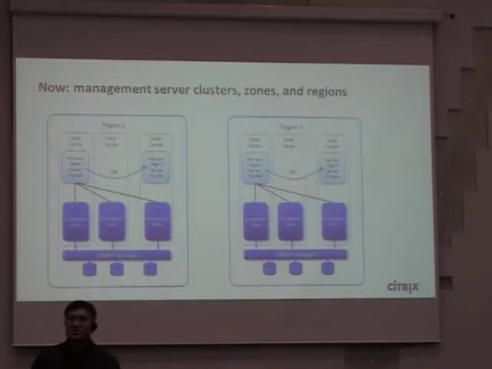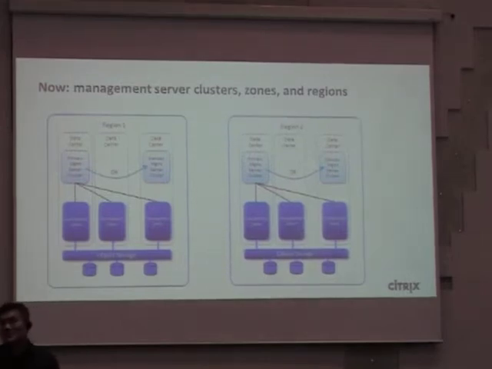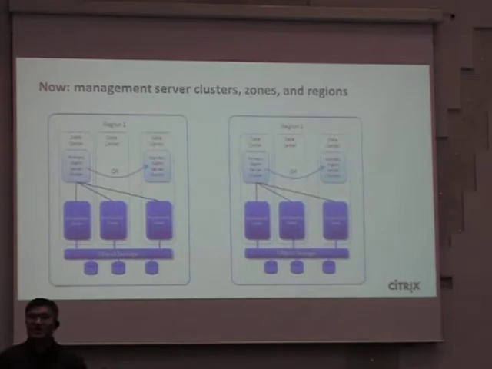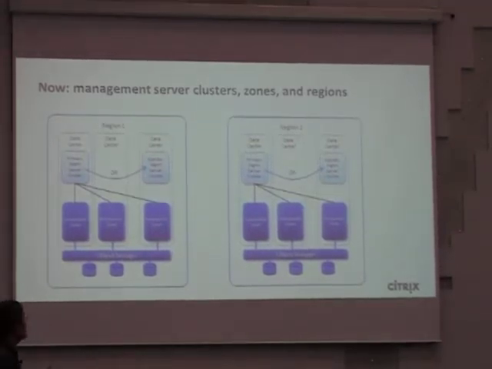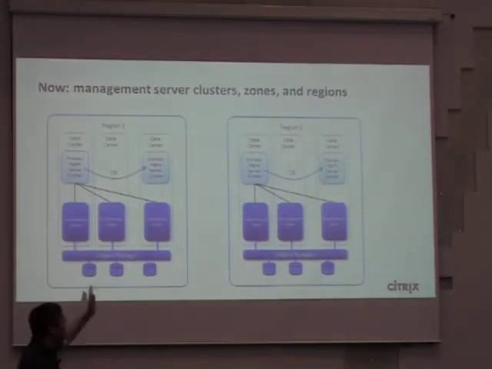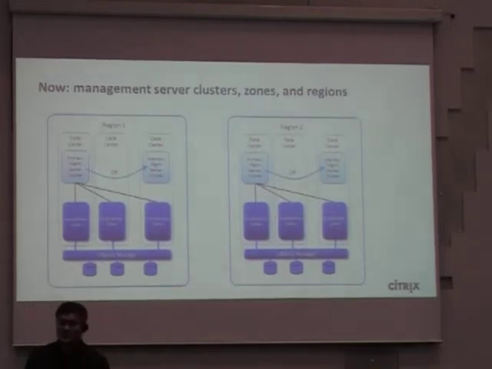Regions are geographically separate cloud installations. Amazon, for example, has a Japan region and a Singapore region. Communication between different regions is expected to be expensive. And within a single region, you have different availability zones.